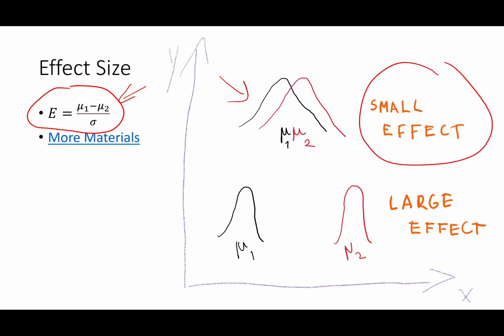And here is another case where we have a large effect, where the difference between the two means is quite large, and the standard deviation for both data sets is very small. So as you can imagine, because the difference is big, and we divide the difference by the standard deviation, which we are assuming is the same for both data sets in this case, and it is small, then we will have quite a large E value.